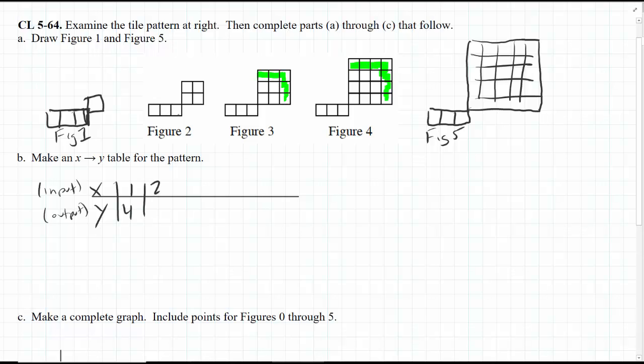Figure 2, there were 3 plus 4 to make 7 tiles. Figure 3, there's 3 plus 9 to make 12 tiles. Figure 4, there's 3 plus 16 to make 19. And figure 5, there's 3 plus 25 to make 28 tiles.